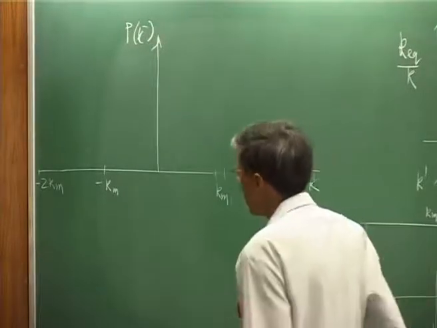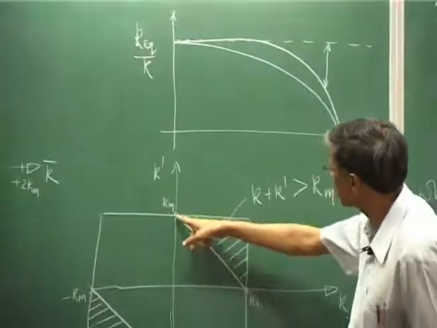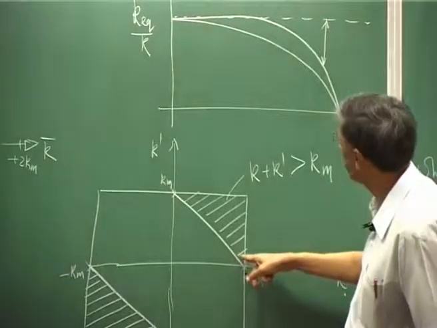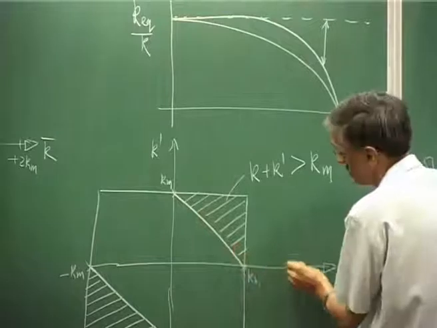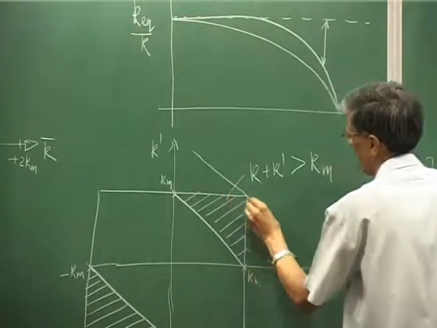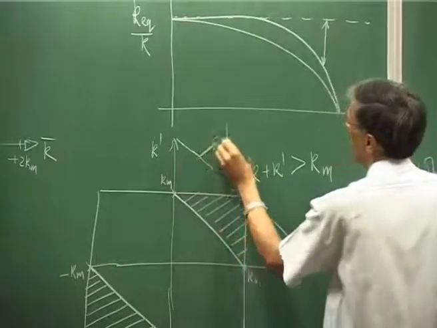So, that is what we are seeing. If this line represents k plus k prime equal to km, I can draw a similar line parallel to this, and that will go like this. And what is this line?